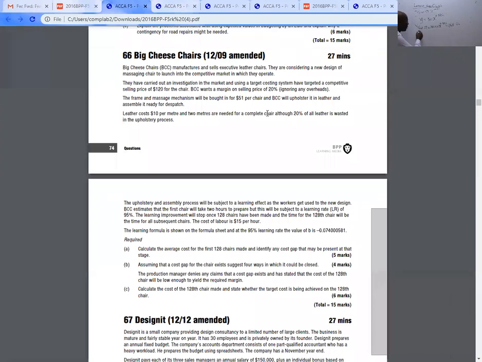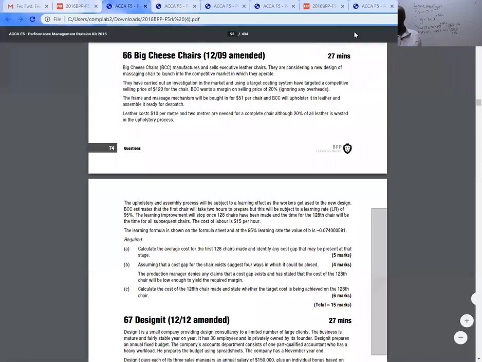So come and give us the average labor cost, which will be equal to 2681.62 divided by 128.